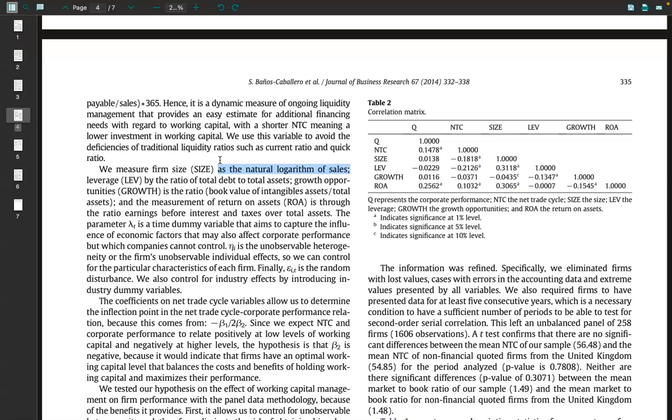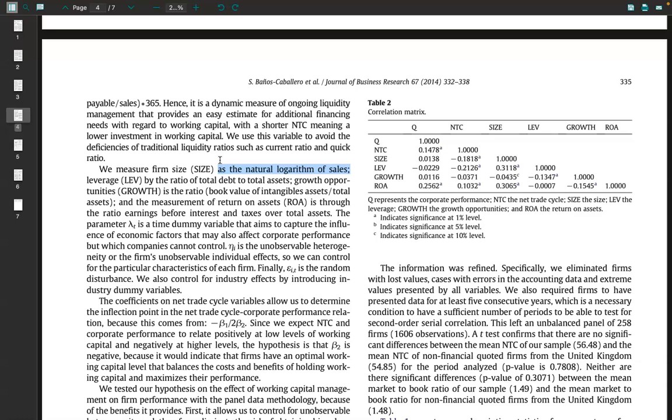So they're actually approaching on a cash flow basis. Because when you look at the operating cash flow, it is EBIT, earnings before interest and tax, and we are adding depreciation to it minus the taxes. Because of that, they choose this ratio over the net income to total assets.